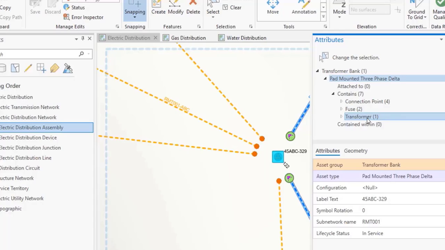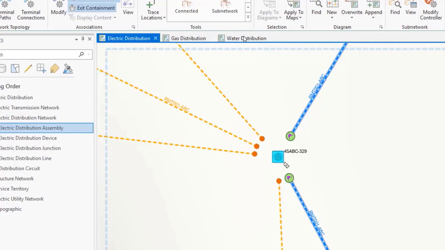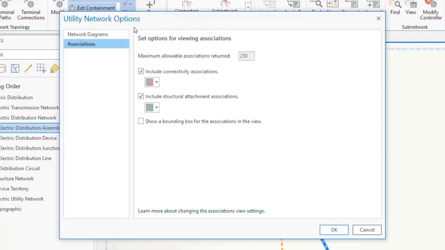Now, while I'm here, we're talking about containment as an association, and I mentioned this before, but let's look at the electrical associations. If I were to turn on my associations, I can see the electrical connectivity properties, which I'm designating in red, of all the devices in this assembly.